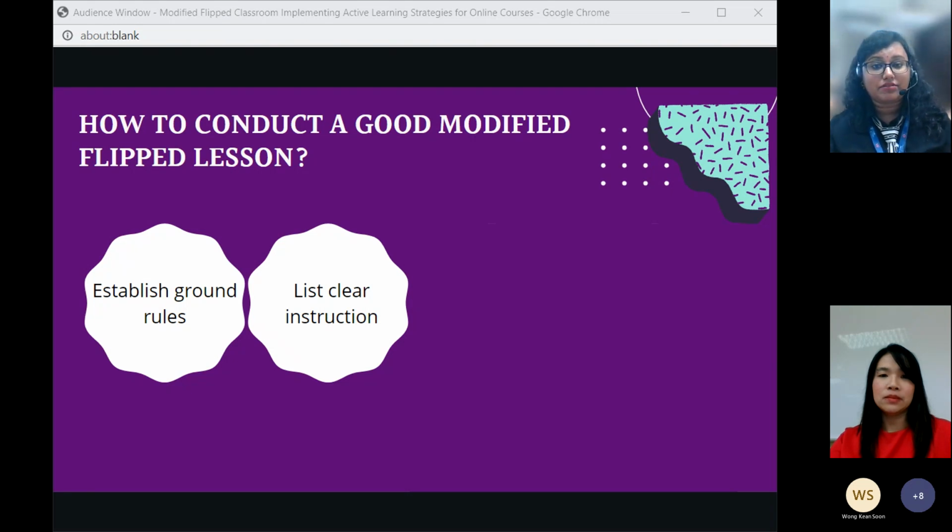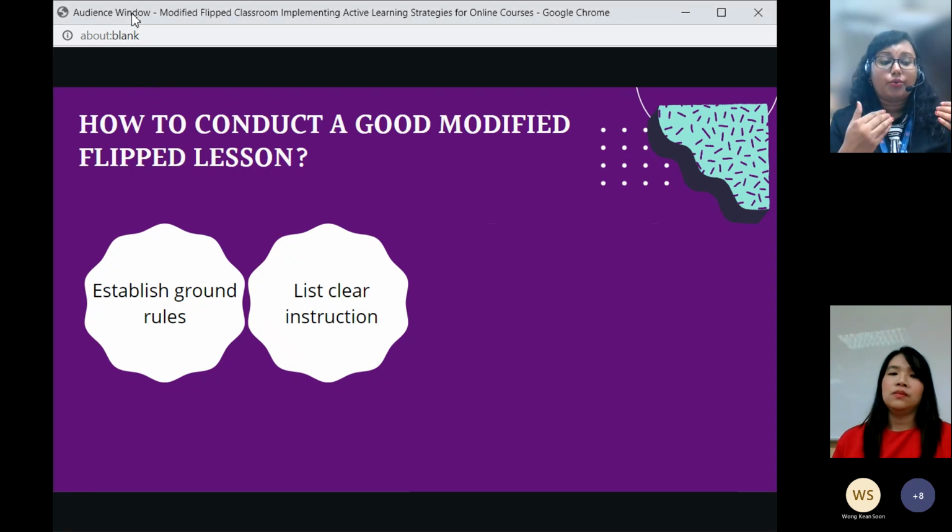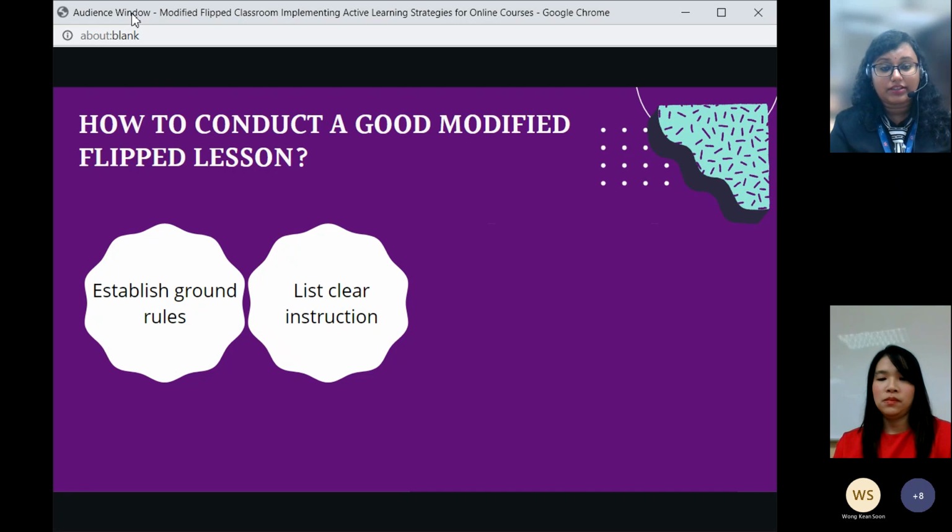Usually during an asynchronous session when they are studying on their own, remember that they are not guided. You are not there to help them and teach them. So when you prepare asynchronous materials for flipped lessons, please list down clear instructions on from where to where you want them to focus, what it is that they're supposed to watch, what is their specific focus, the specific topic that you want them to learn.